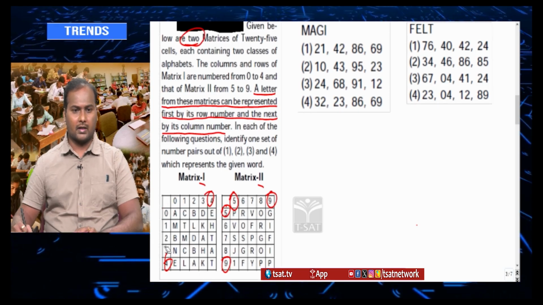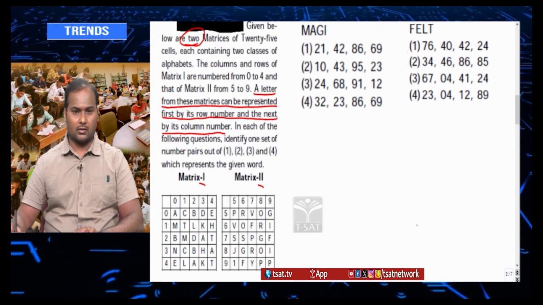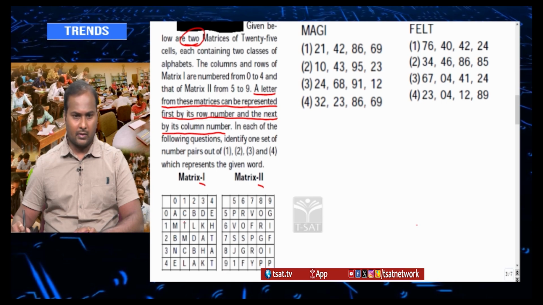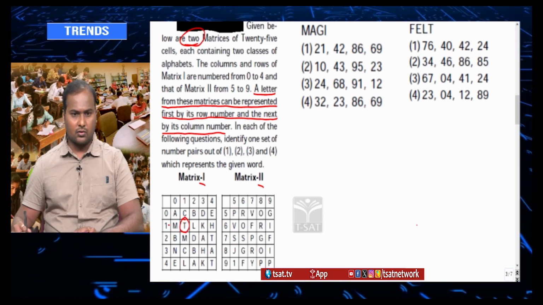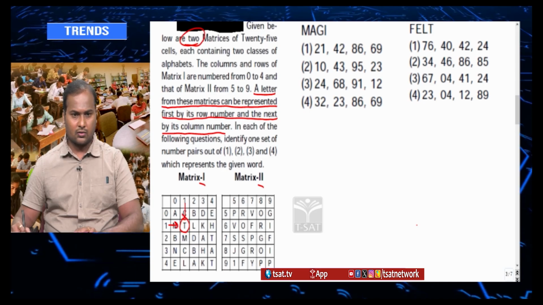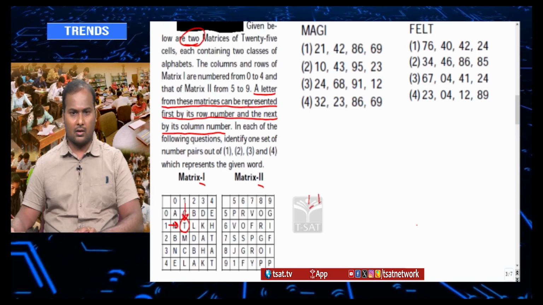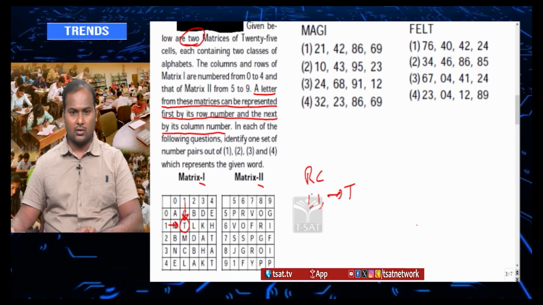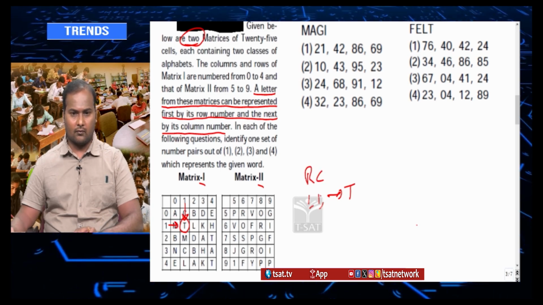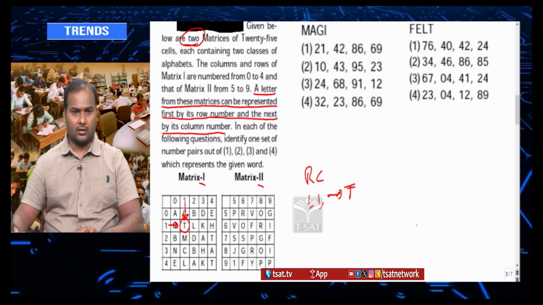For example, I am taking T here. How can this T be represented? First by its row and next by its column. So I can say 1, 1 is T, that is row and column. So row 1 and column 1 represents the letter T.